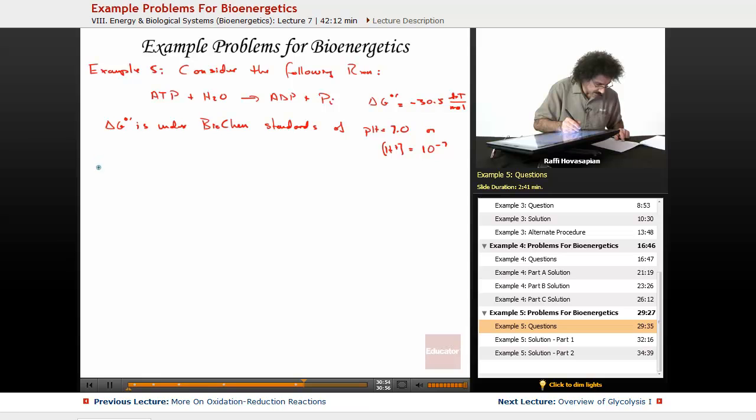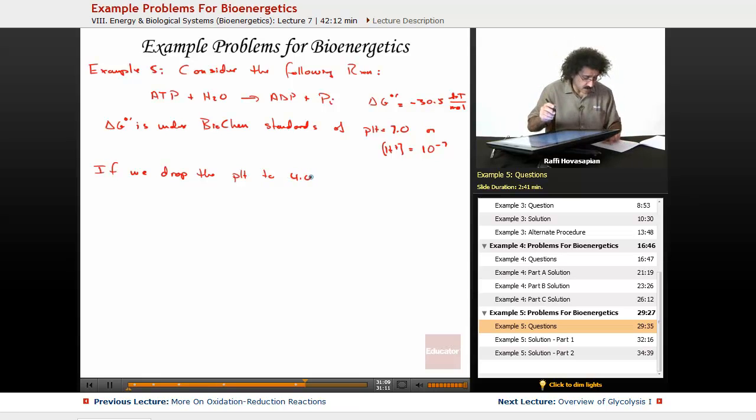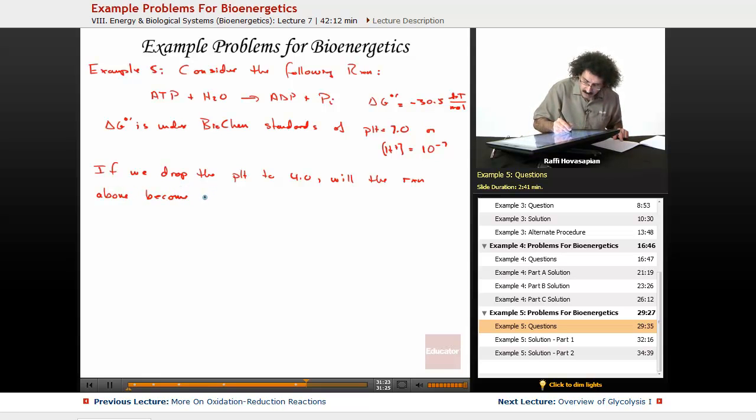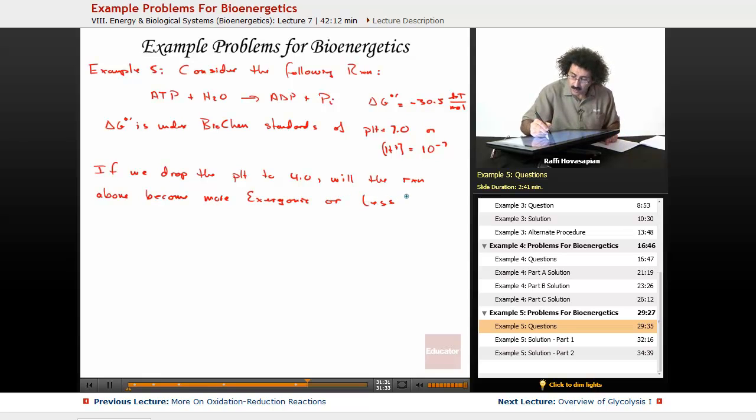Okay, now, here is our question. If we drop the pH to 4.0 from 7.0, in other words, if we make this environment more acidic, our question is, will the reaction above become more exergonic, or less exergonic?